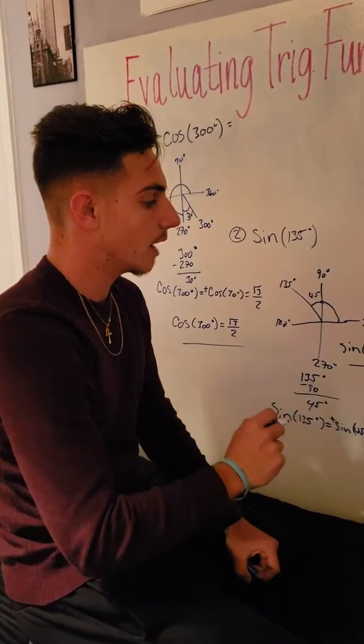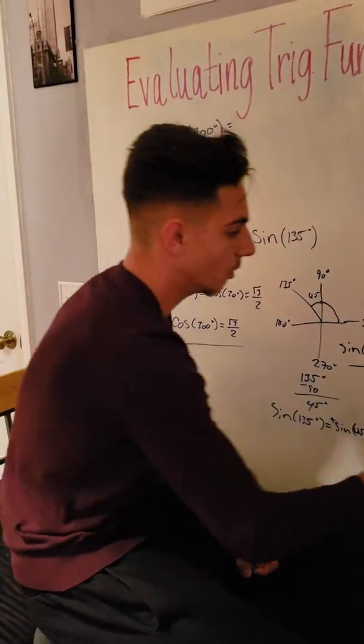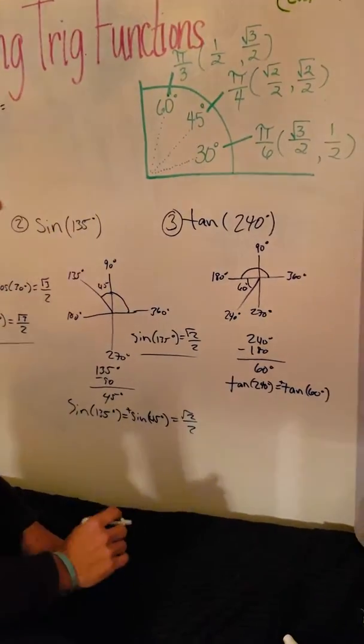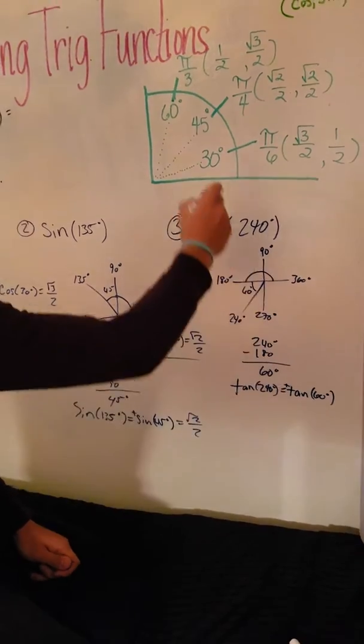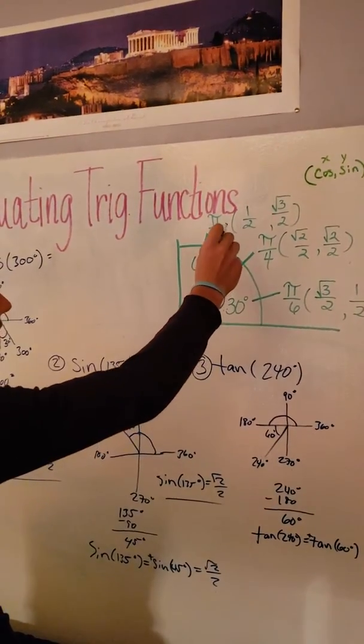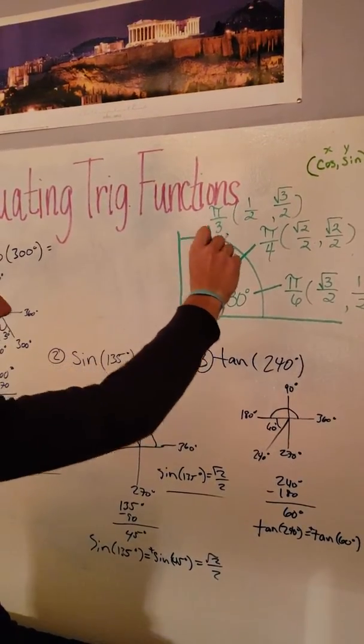And since we're dividing two negatives, it is going to equal a positive. So that is going to be positive as well. So then we go up to 60 degrees, which is 1/2 and square root 3 over 2.